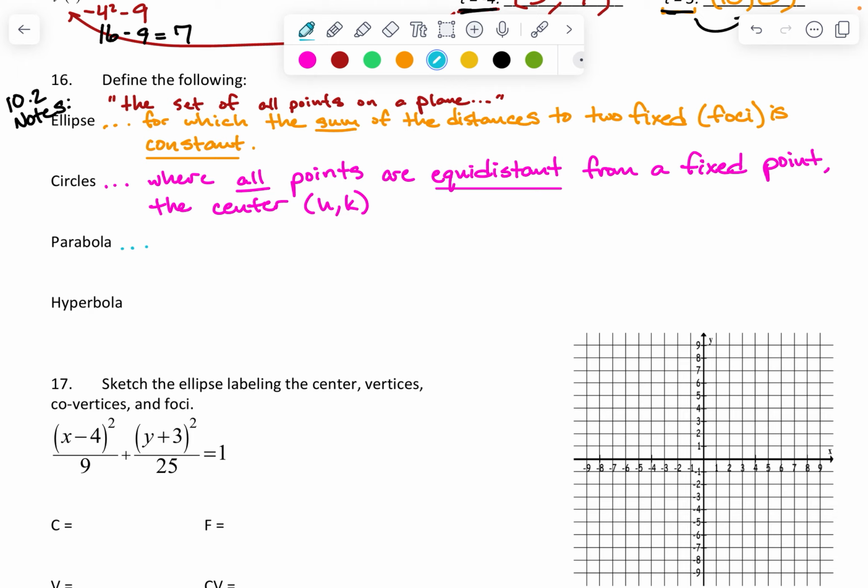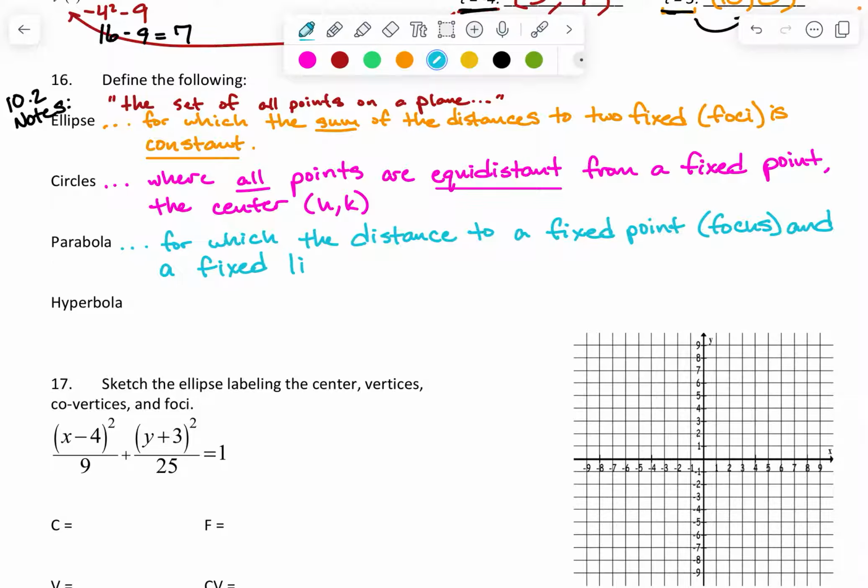So for this one, we'd say this is the set of all points on a plane for which the distance to a fixed point, and remember we call that fixed point the focus, and the distance to a fixed line, which is the directrix, are equal.